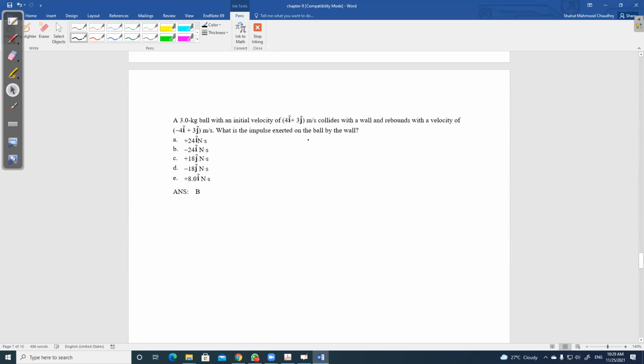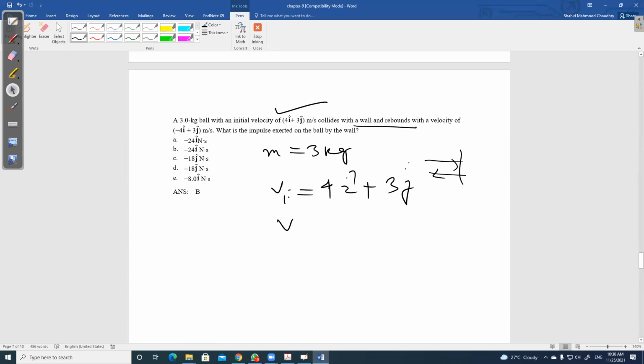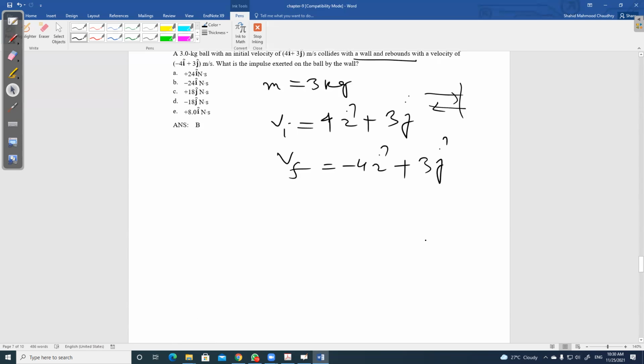In this problem, a 3.0 kg ball with an initial velocity vi equal to 4i plus 3j collides with a wall and rebounds, coming back with a final velocity minus 4i plus 3j. The velocities are given in vector form. The question is, what is the impulse exerted on the ball by the wall?